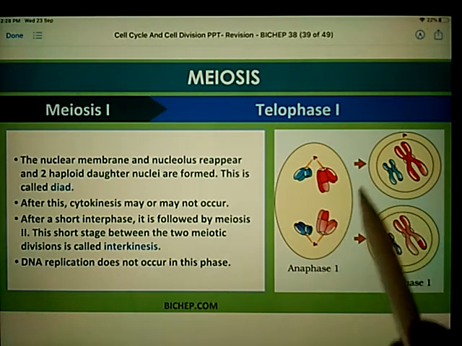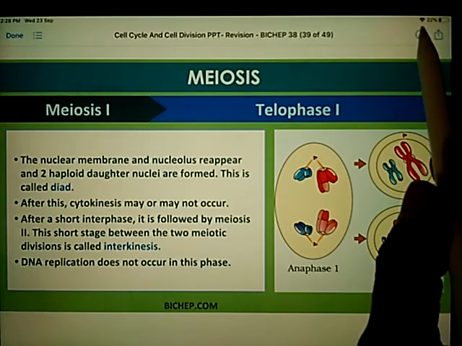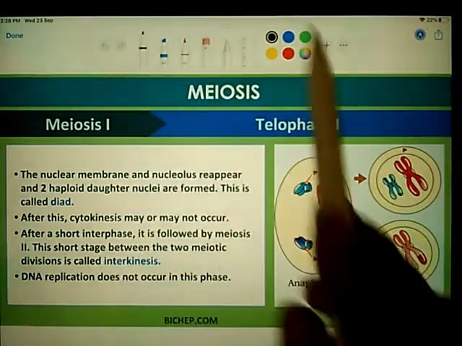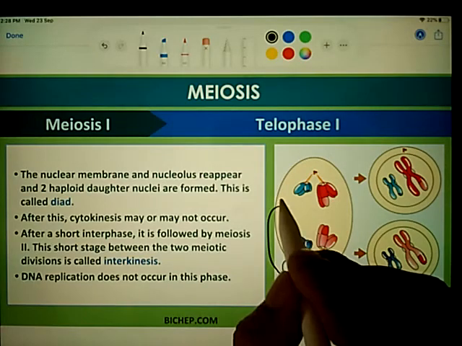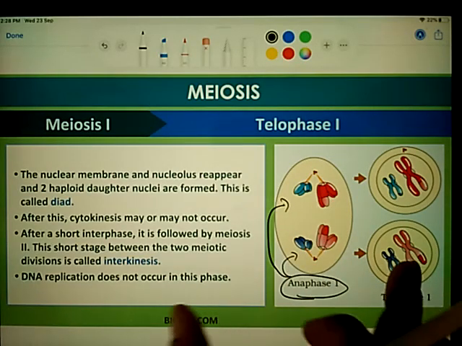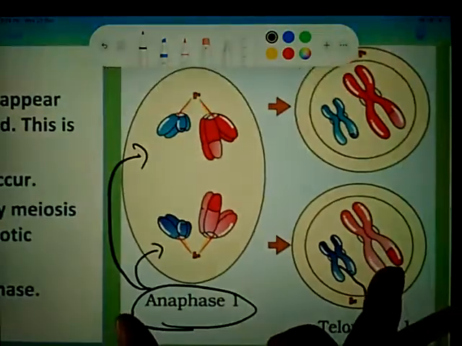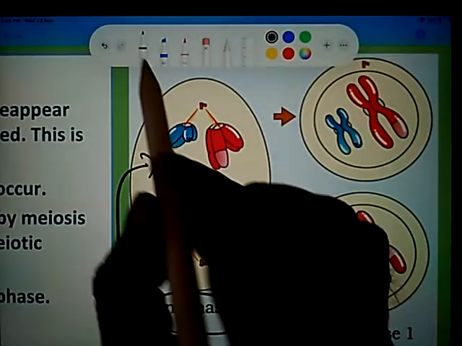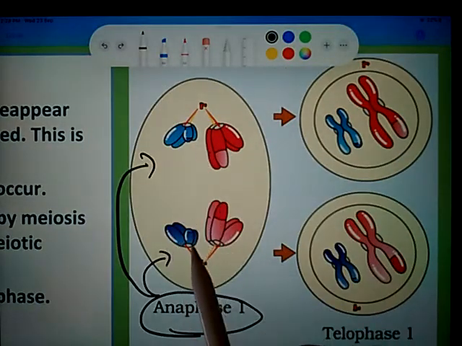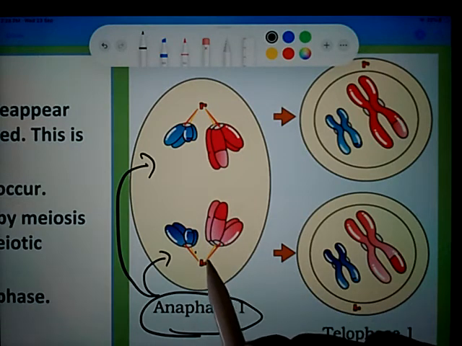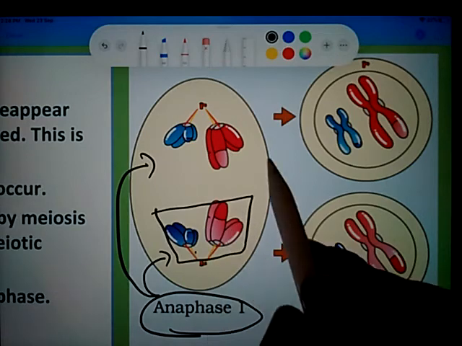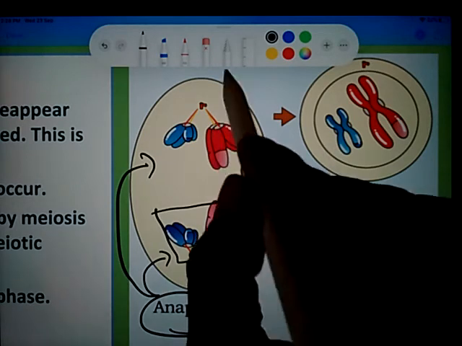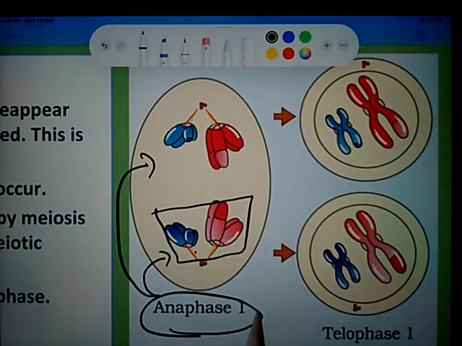So this is anaphase, if you see, right? This is anaphase, where contraction of mitotic spindle is happening, and that is why the chromosomes are moving either from south pole or from north pole.